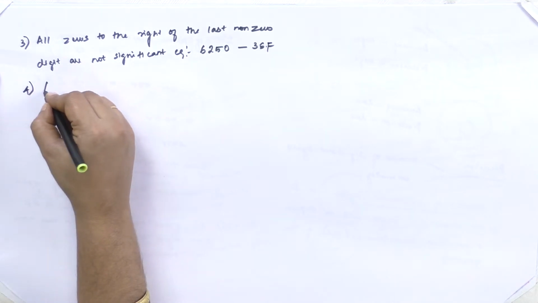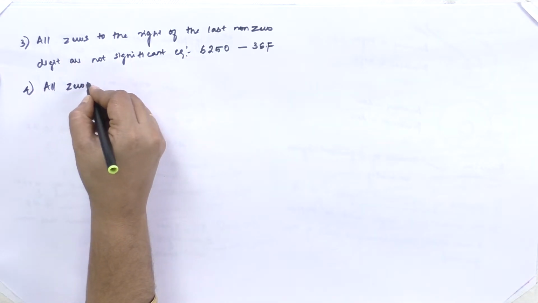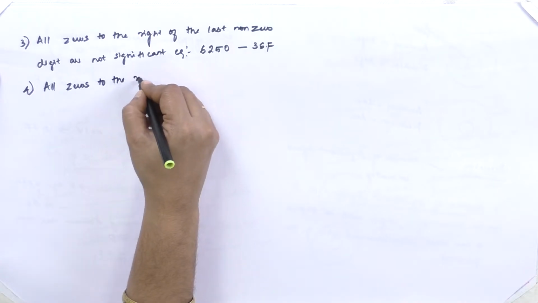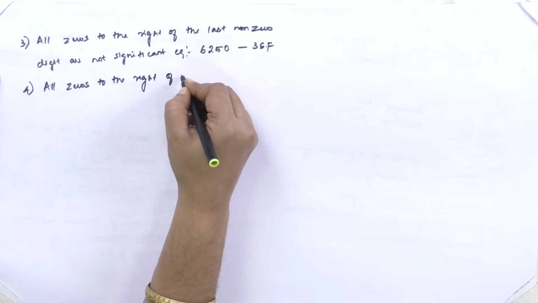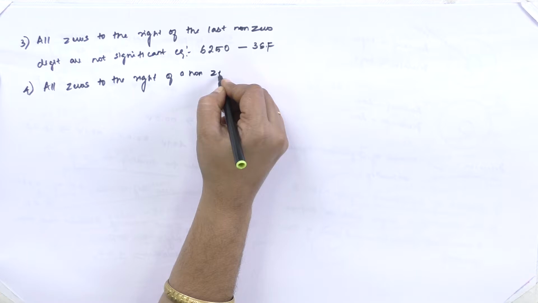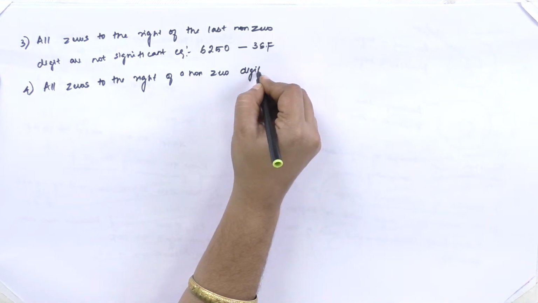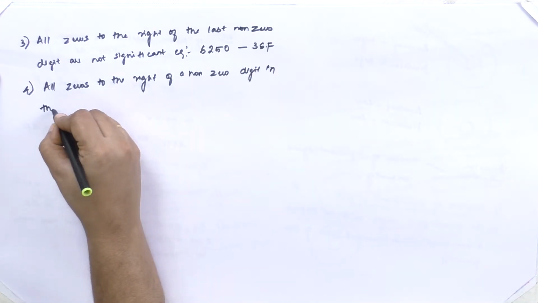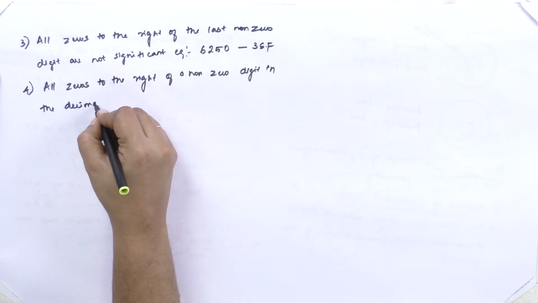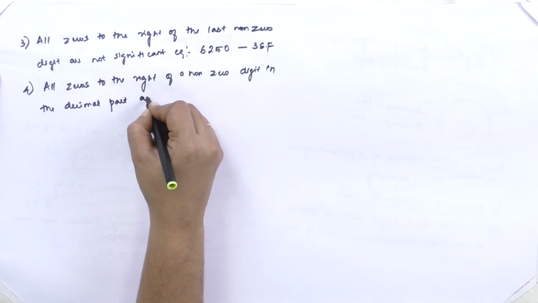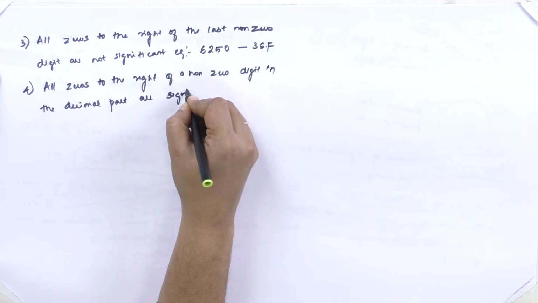And the fourth point is all zeros to the right of a non-zero digit in the decimal part are significant.